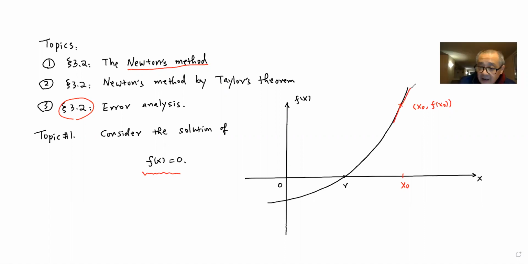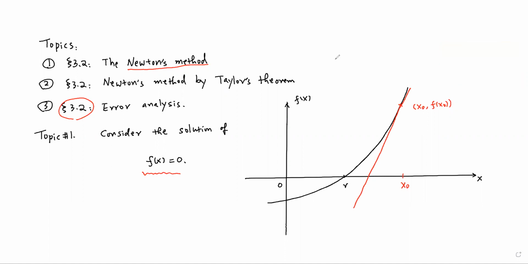Then the tangent line will intersect the x-axis at a point. Graphically, this point is closer to the root alpha. We call this point x1.